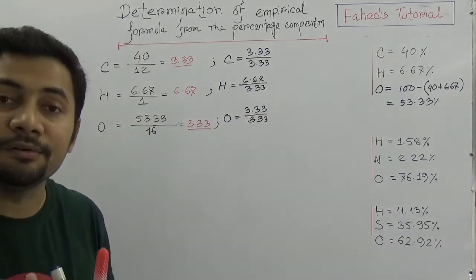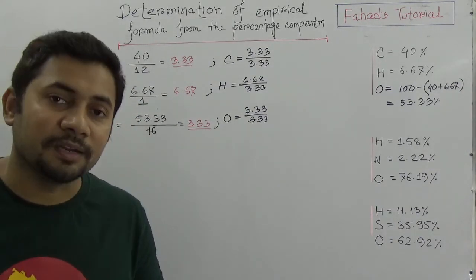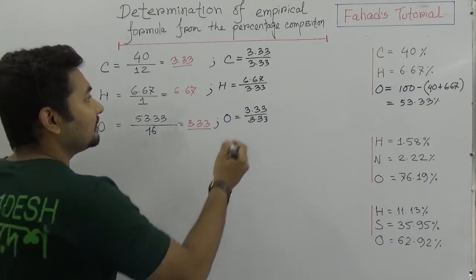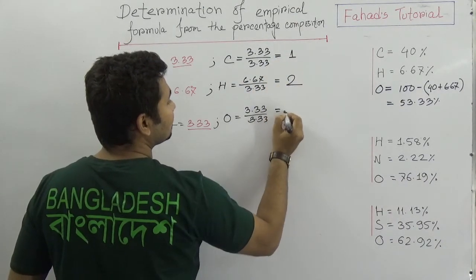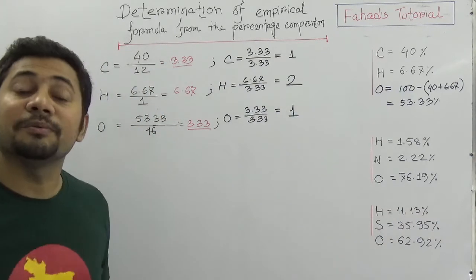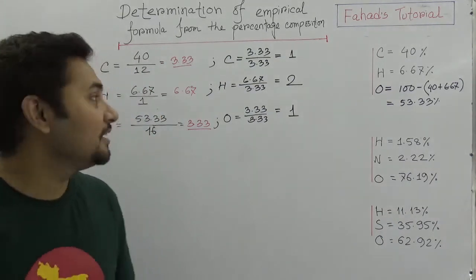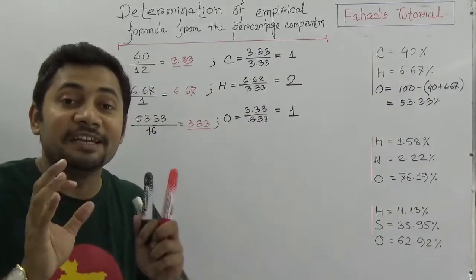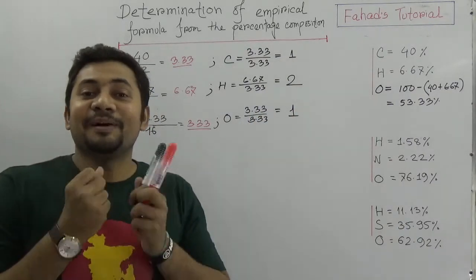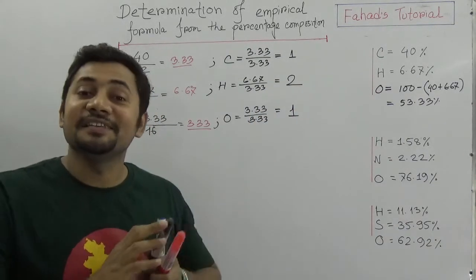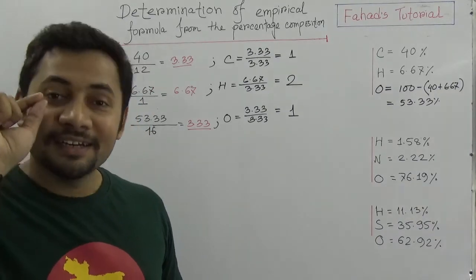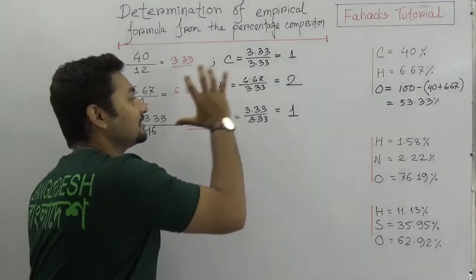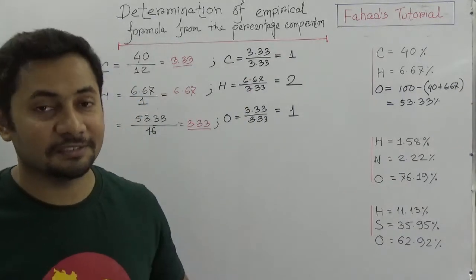So we divide all the quotients by the smallest one. Now this is 1, this is 2, this is 1. So we got integers, actually 3 integers, and these integers are the atom numbers in case of finding the empirical formula of these compounds according to their percentage composition.